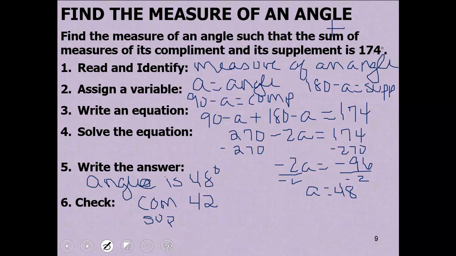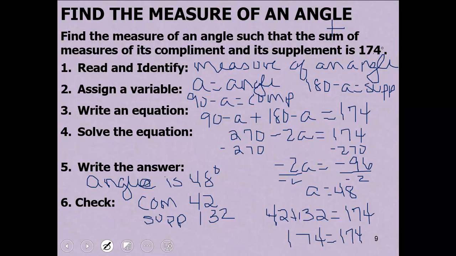The supplement is 132. In order for this to work, I have to add them together, and they better equal 174. So I get 2 and 2 is 4, 3 and 4 is 7, and 1 plus 1, I get 174 on both sides. Woohoo!